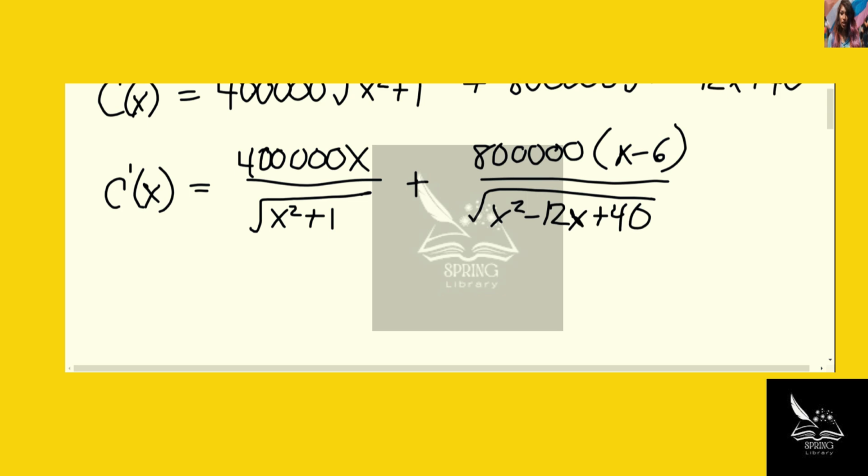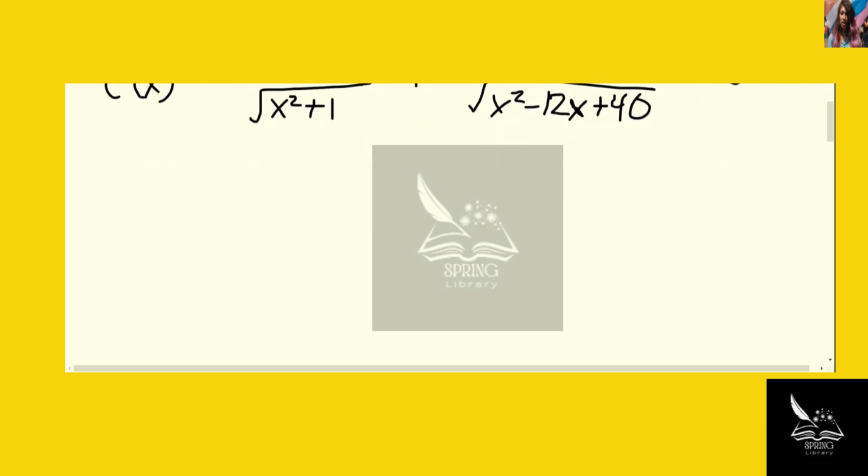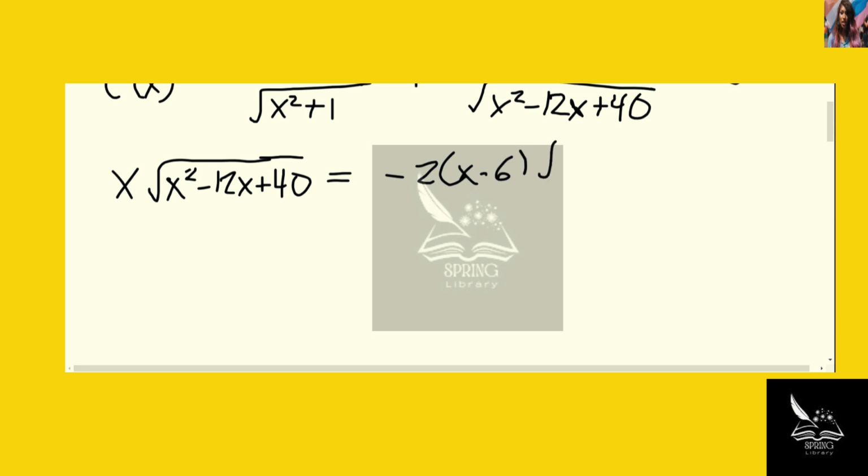Now, if we set this equal to 0 to find the critical values, eventually we get x times the square root of x squared minus 12x plus 40 equals negative 2 times x minus 6 times the square root of x squared plus 1.